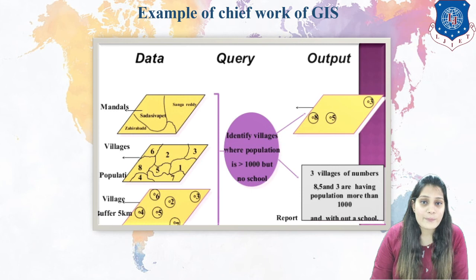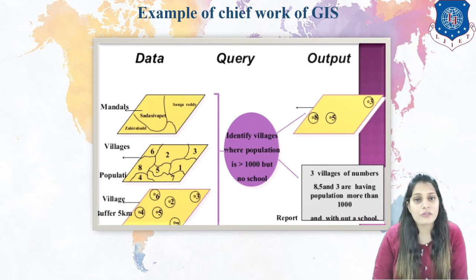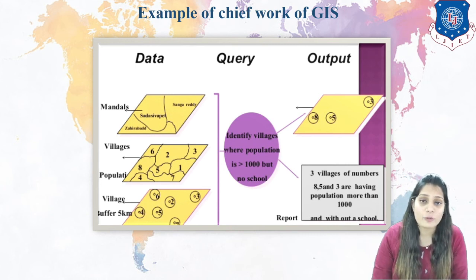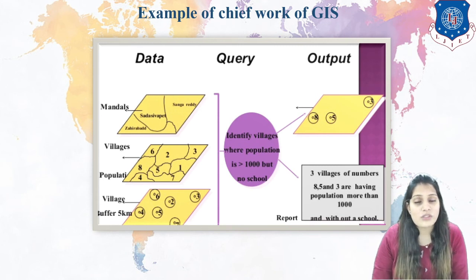So I guess you are very clear with what the chief work of GIS is and what type of answers it can give you. It can give you random answers which are helpful to analyze a large amount of data. Here you can see there are 3 to 4 data fields required: mandals, village, population, and the buffer region you have given.